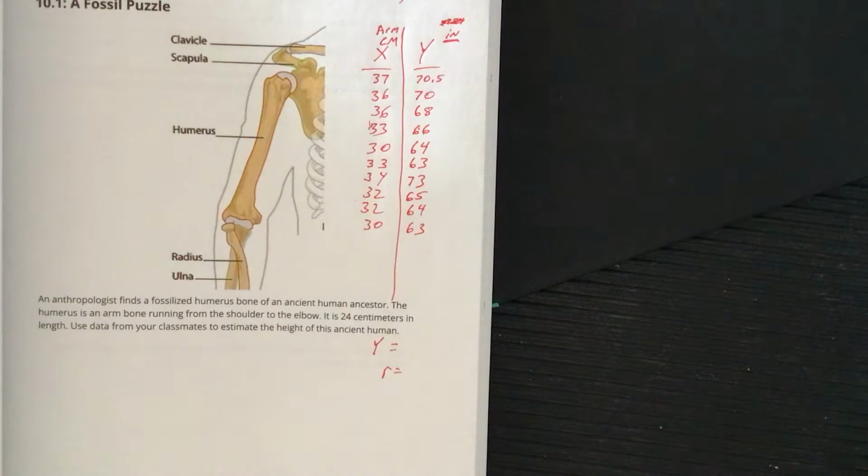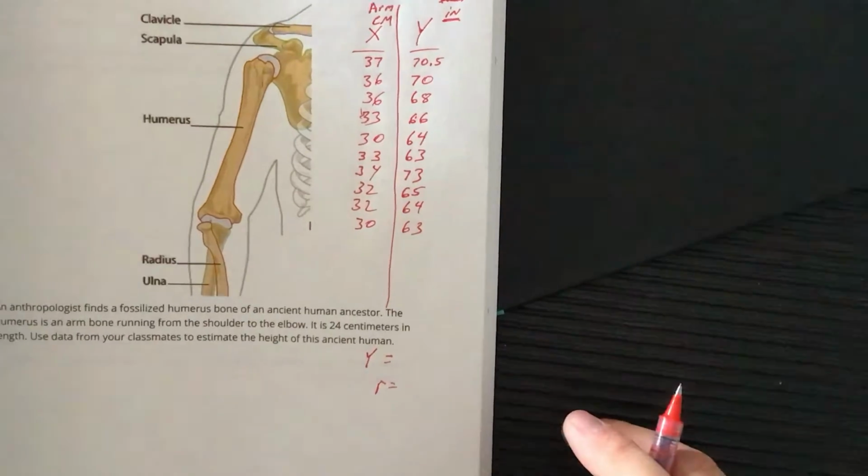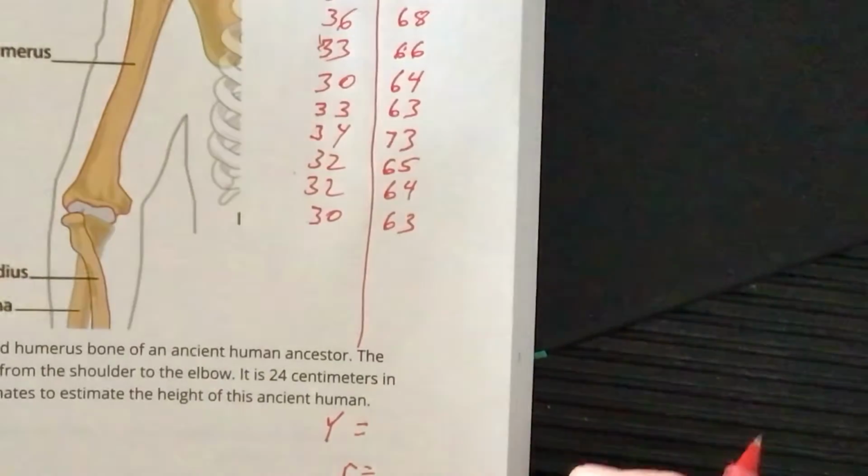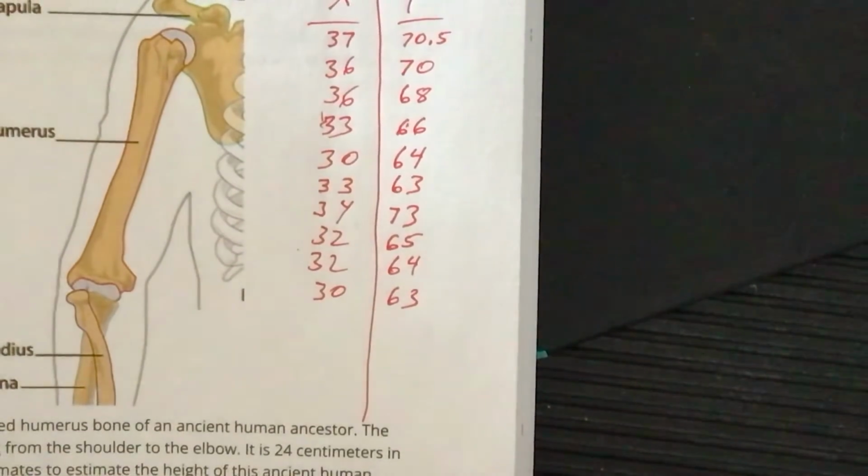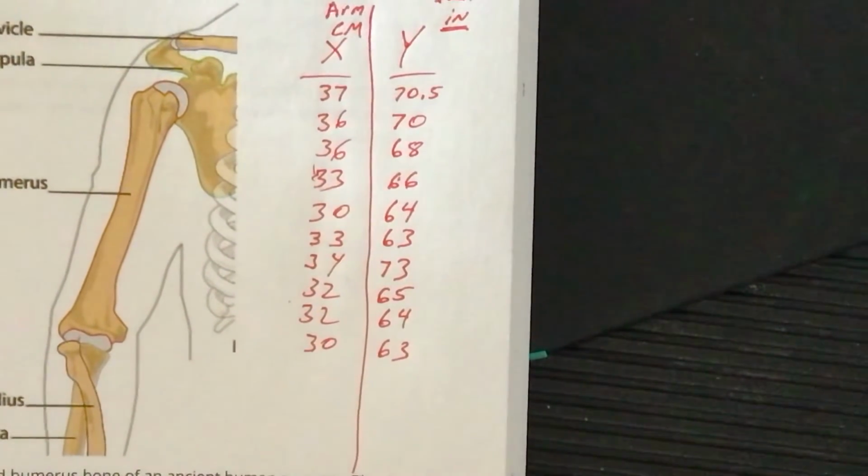Could you zoom that in a little bit? Is that 34? I was wondering the same thing. I did go to the nearest centimeter. Some of you went to the nearest half of an inch, which is fine. So whatever we have in the table will need to be what is written down.